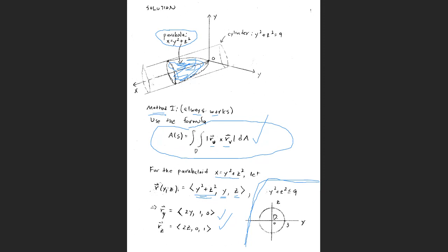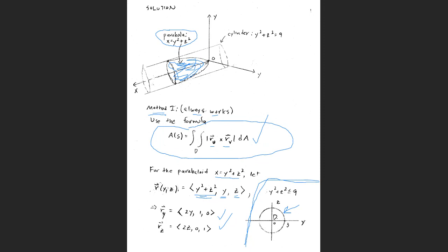Let's go back to our picture here. All the points on the surface have Y and Z coordinates, right? And we're saying the Y, Z coordinates are restricted to this circle here of radius 3.